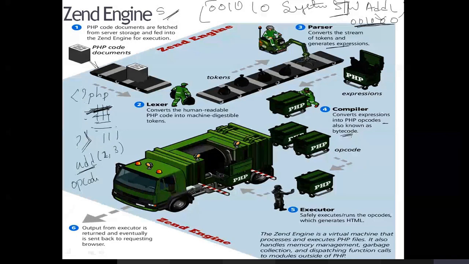Each bytecode or opcode is sent to the executor, where the executor safely executes and runs the opcode, which generates the HTML. After execution of the PHP file, the ultimate output you get on the browser is the corresponding HTML page.